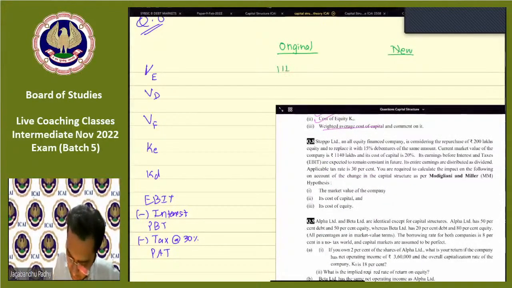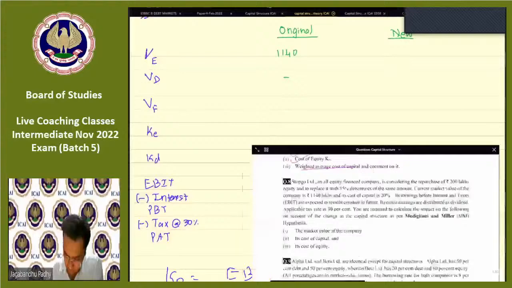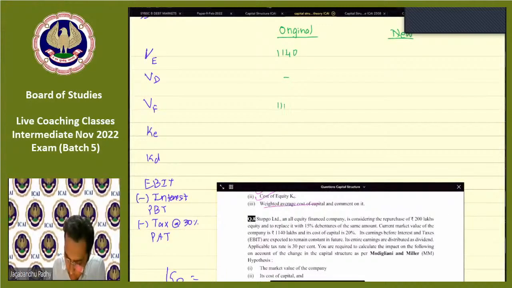The value of equity is 1140. Value of debt, we don't have anything. But yes, the value of the firm will translate to be 1140. K, the cost of capital, is 20%. So entire K is 20%. Cost of debt is not applicable.